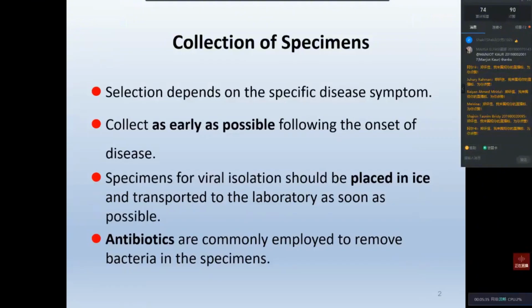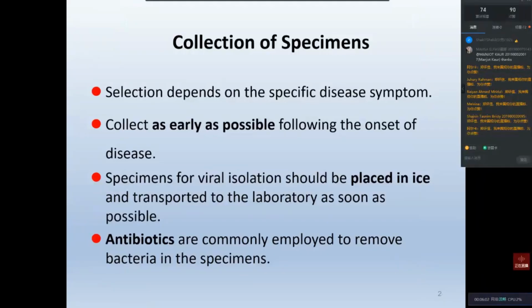To further inhibit any bacterial replication in the specimen, we can also add some antibiotics that can inhibit the bacterial growth, or kill the bacteria. So that's the key point to collect specimens of viral infection.